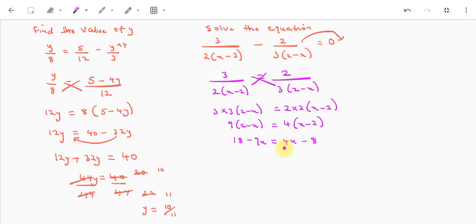All right. I am going to collect like terms. So I can bring this here and I can bring 18 here. Now that will leave me with minus 9x minus 4x, because it was plus here, it comes here, becomes minus, equals minus 8, which is this. If this follows up, it's going to be minus 18.